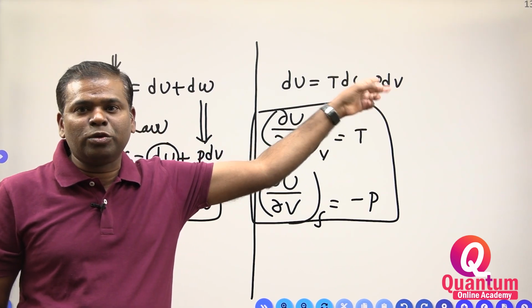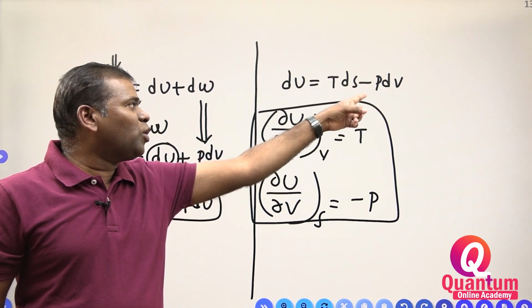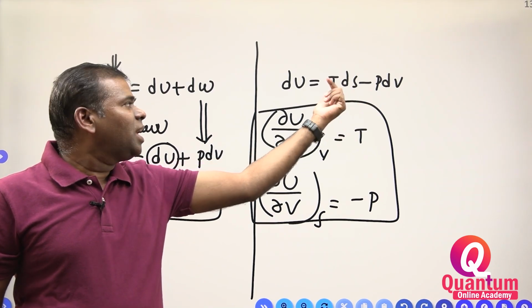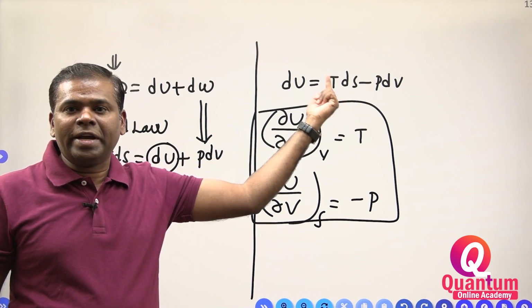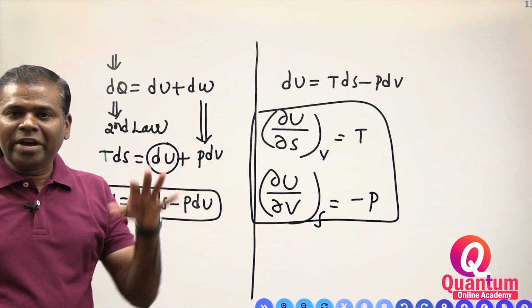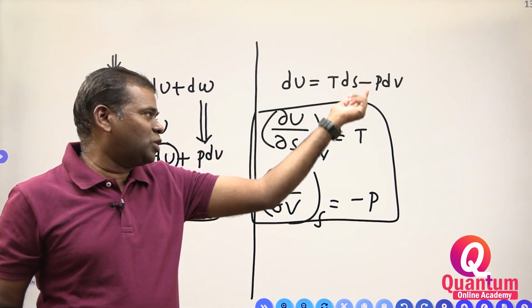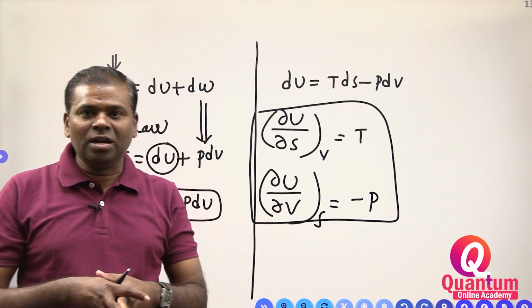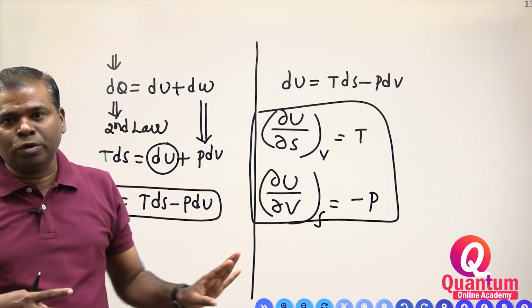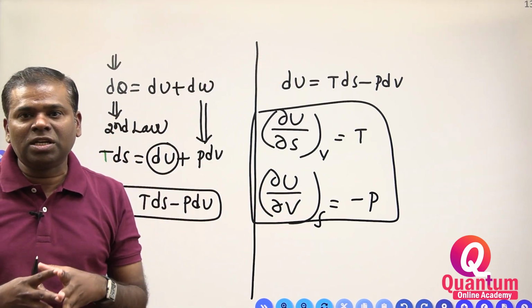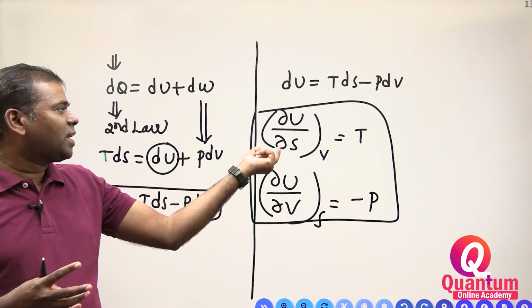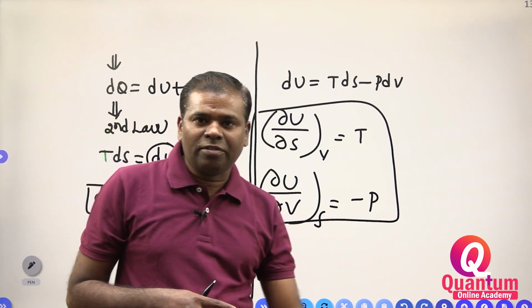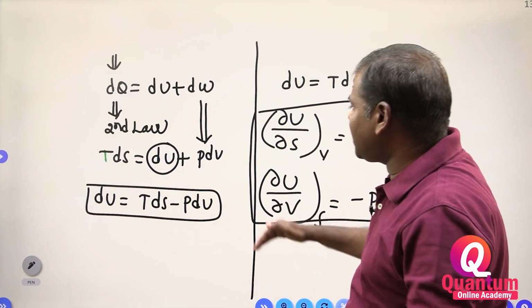If you want to calculate the pressure, the other one you take as constant. If S is constant, dS is equal to 0. That is the thing: partial differentiation on both sides with respect to that term, and you are able to finish it. Clear? This is the second one.